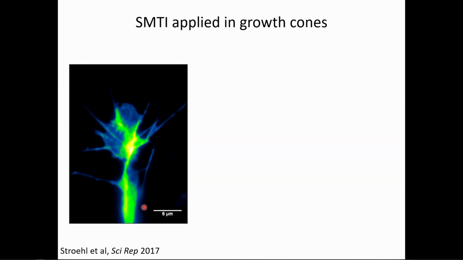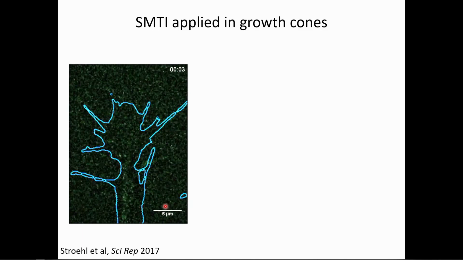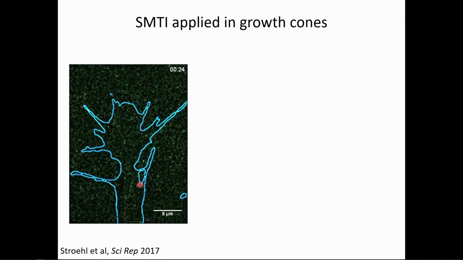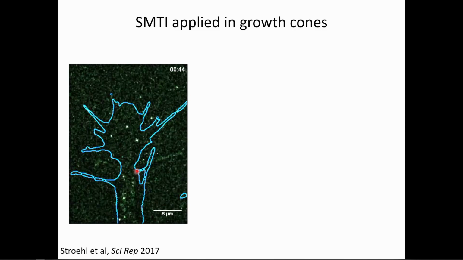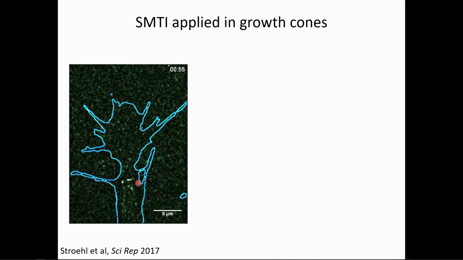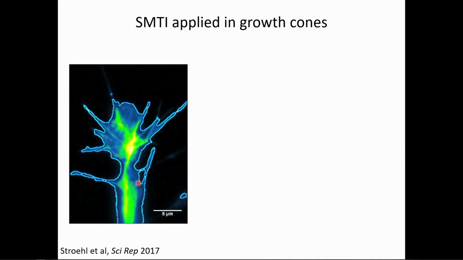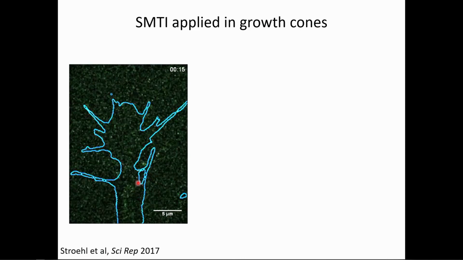So we have this outline here, then, of the neuron, and then when we look at this fusion construct, you see flashes of light appearing down there about now. Now you see these flashes appearing. Each one of those flashes is one new protein synthesized inside the cell. And this correlates directly with administering these cues.